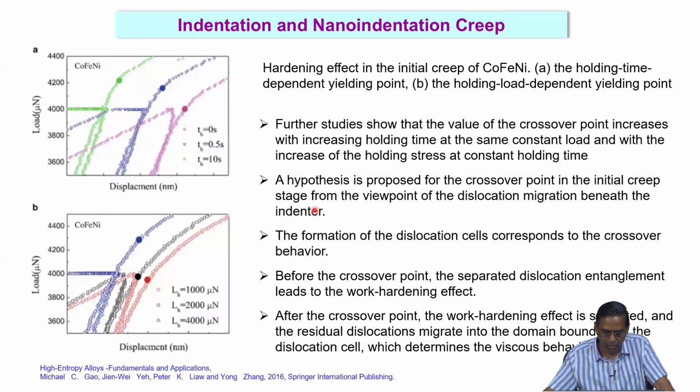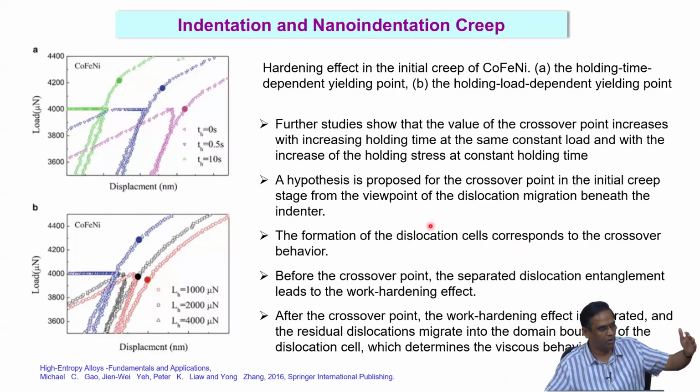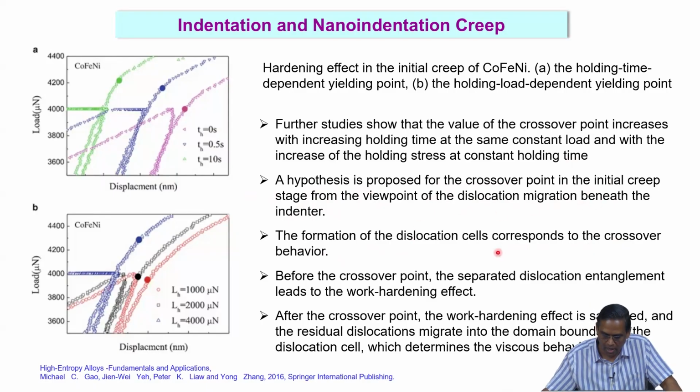A hypothesis proposed for the crossover point is that, from the viewpoint of dislocation migration beneath the indenter in the initial creep stage, the formation of dislocation cells corresponds to the crossover behavior. So now we are relating that behavior with what is actually happening in the material. You have dislocation migration and then cell formation.